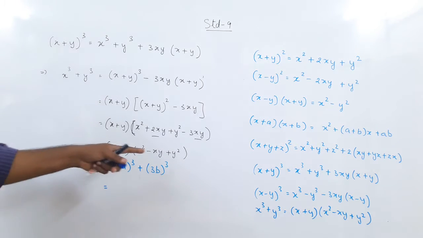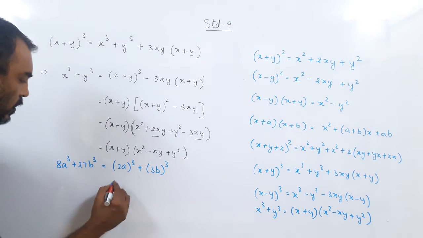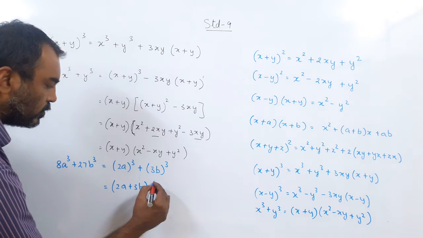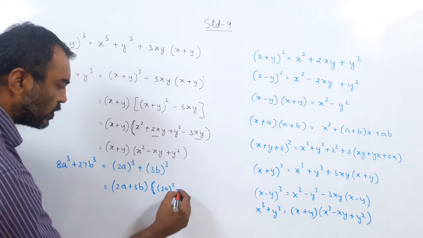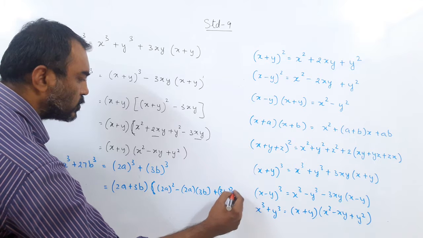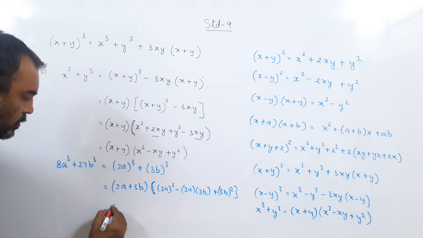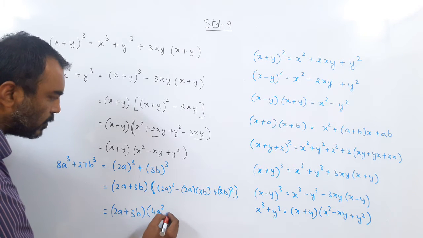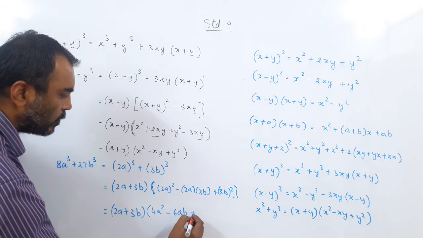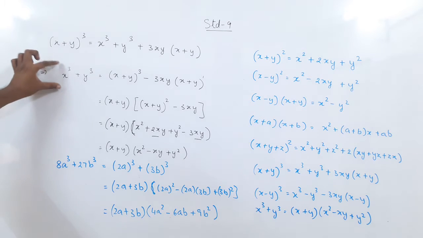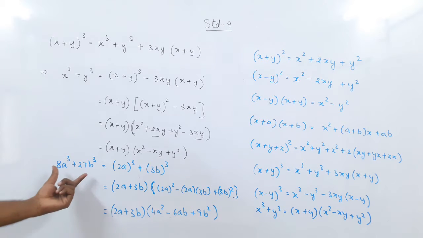Since I know the formula now, the factorization, directly what do I get? (2a plus 3b), then (2a) square minus 2a into 3b plus (3b) square. What do I get here? (2a plus 3b)(4a square minus 6ab plus 9b square). So with the help of this formula, I have directly factorized the polynomial.